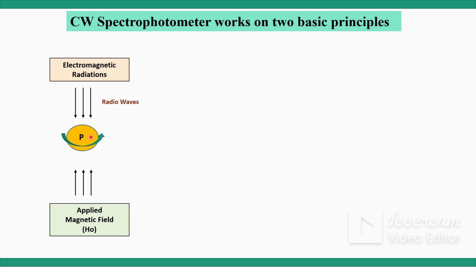At the resonance condition, that proton absorbs energy from electromagnetic radiation and a change in spin state takes place. At that time, a small signal is generated in the spectra. Thus, in the continuous wave spectrophotometer, the proton comes under resonance by two methods, and it works on two basic principles.